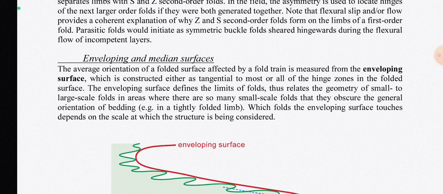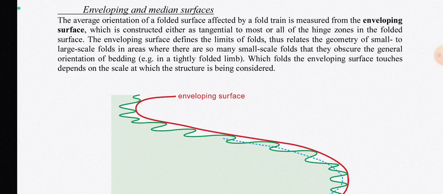Enveloping and median surfaces. The average orientation of a folded surface affected by a fold train is measured from the enveloping surface, which is constructed as tangential to most or all of the hinge zones in the folded surface.